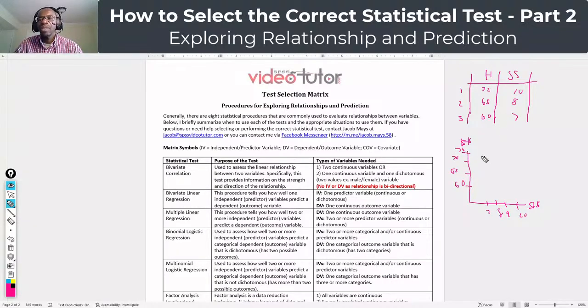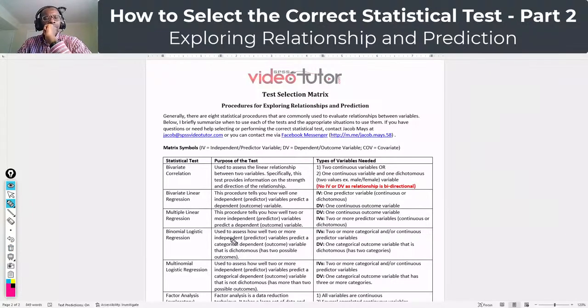So 72 and a size 10 would be here, 65 and a size 8 would be here, and 60 and a size 7 would be here. And you see that there's a linear relationship, a positive linear relationship. So that's bivariate correlation, when you want to look at the linear relationships between variables.